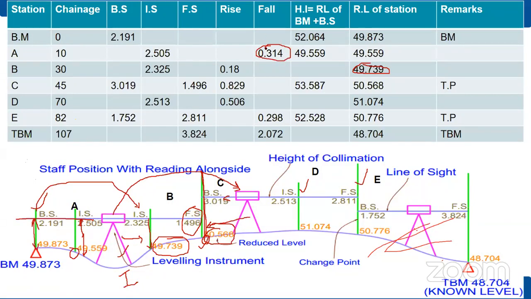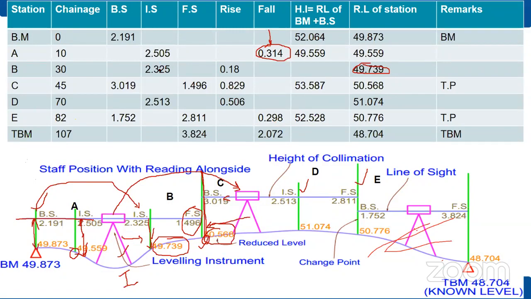So I note it down in fall. Then the next sight is 2.325. 2.505 minus 2.325 is positive, this is a rise, meaning your ground level is rising. If you observe the figure, 2.505 is at a lower elevation, and here it is a higher elevation. So 2.505 minus 2.325, this is a rise. Like this, you calculate all the values.